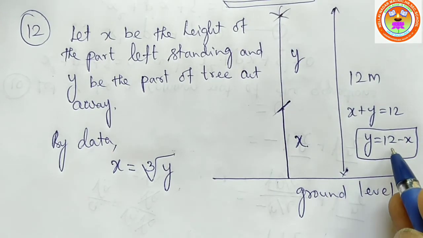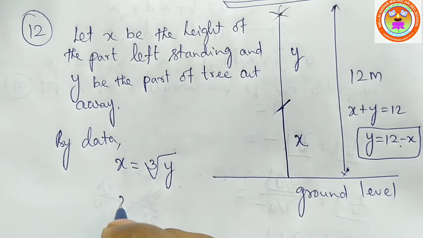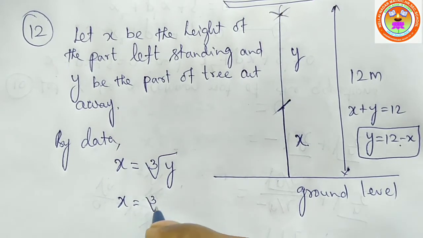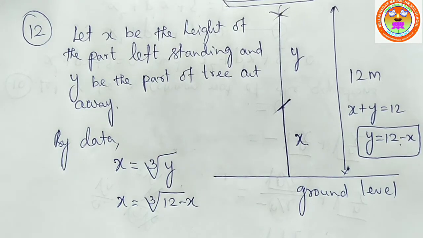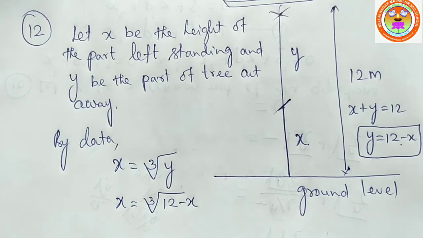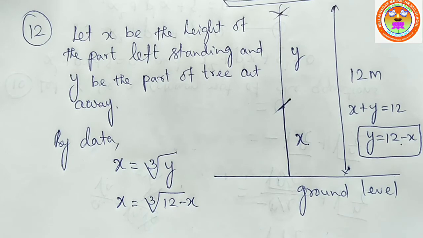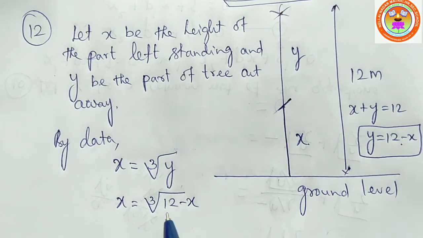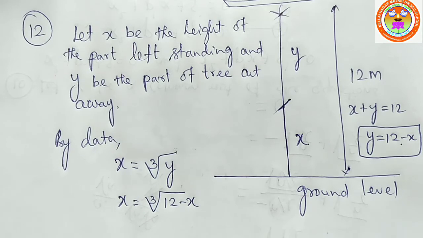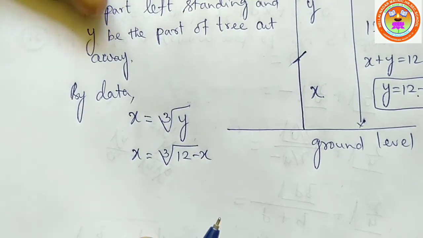If we use the value of y here, x is equal to cube root of 12 minus x. Now we are going to remove this cube root. For that, we can raise the power of both sides to 3, that is, cube both sides.